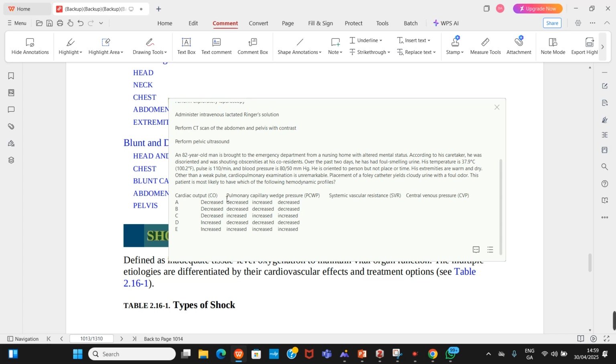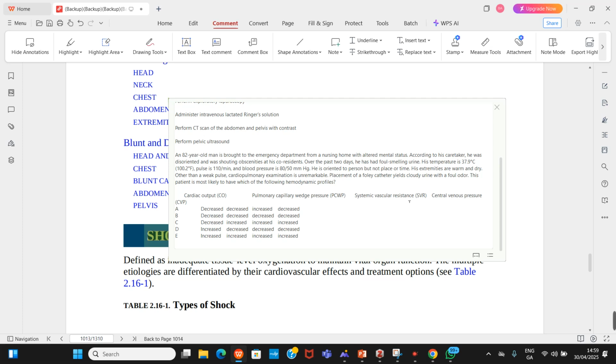So now let me try to arrange this well. What do we expect for the cardiac output? Is it going to increase or decrease? Increase. Okay, so what do you expect for the PCWP? Decrease. Low. We already have our answer. So what do you expect for the SVR?